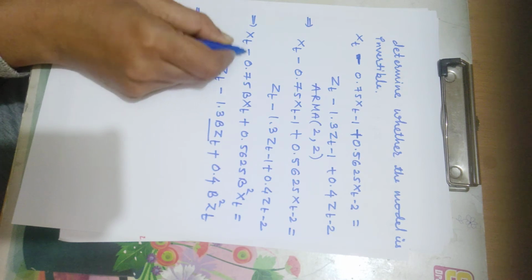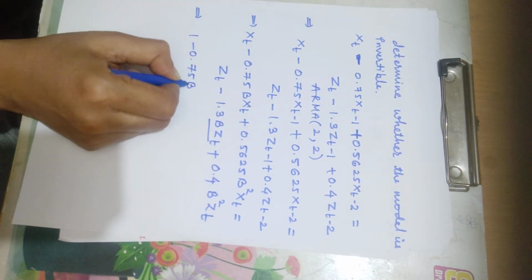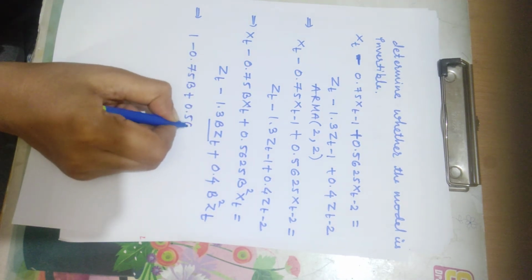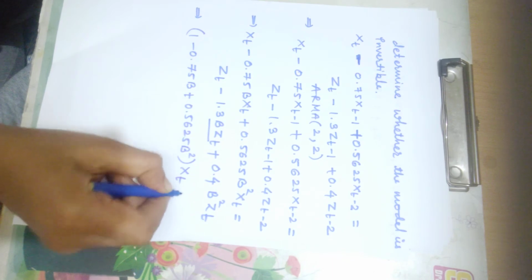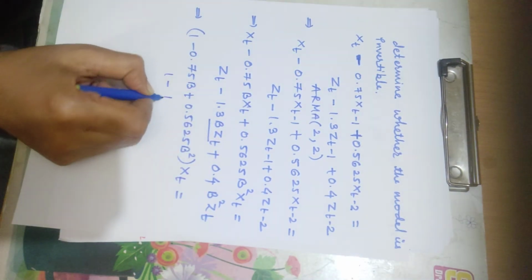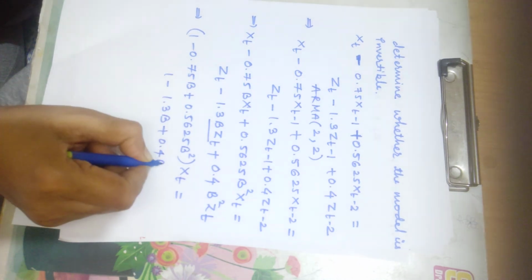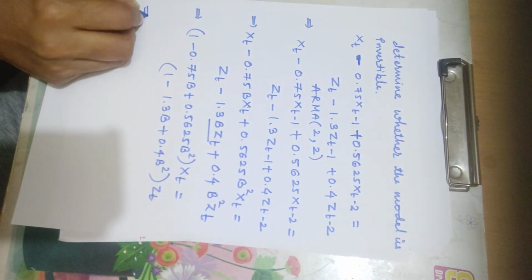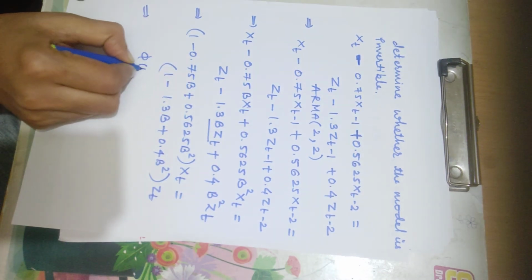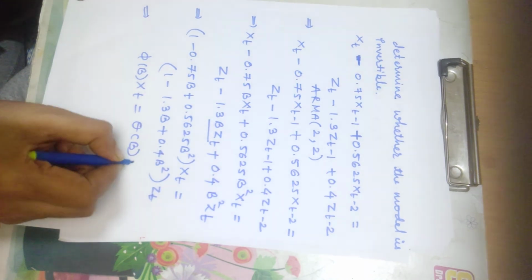So this side can be written as 1 minus 0.75 b plus 0.5625 b square xt is equal to 1 minus 1.3 b plus 0.4 b square zt, right? So it is nothing but phi of b xt is equal to theta of b zt.